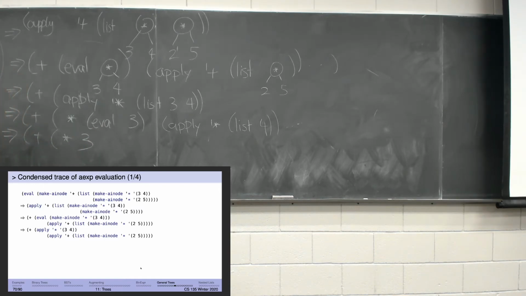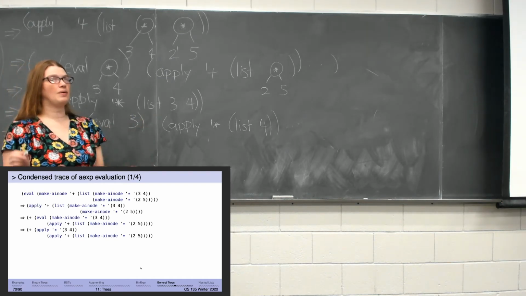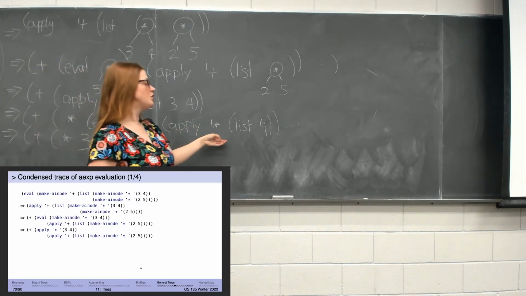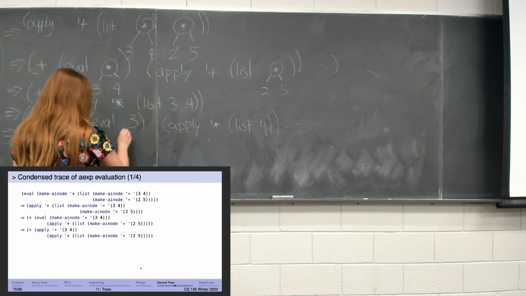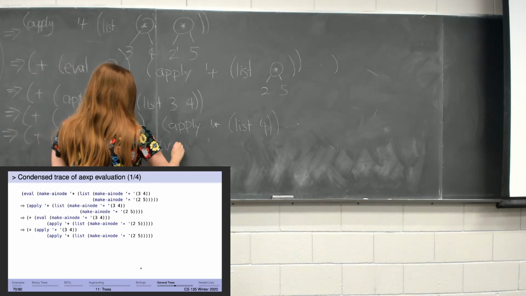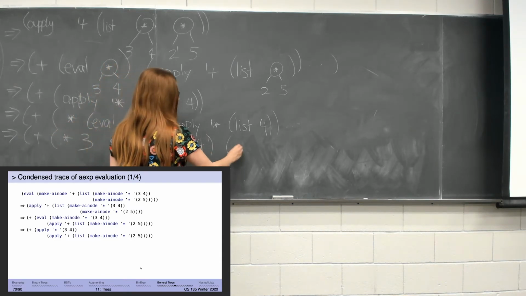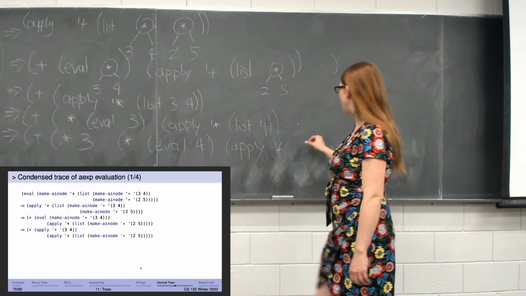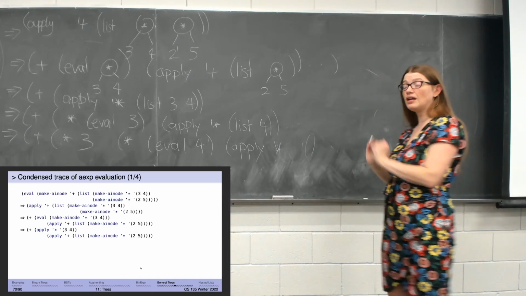Yay. Now I'm going to do a couple steps in one here because we're running out of space. But now we're going to call apply on multiplying the list by 4. And so now we're going to get eval of 4, and we're applying multiply onto the empty list, by the way.